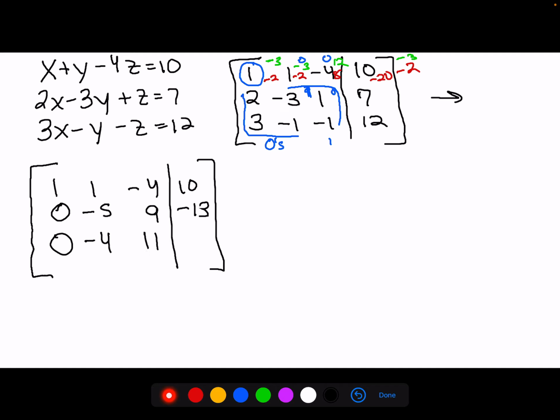Then negative 3 times 10 is negative 30. Oh, I didn't write it down, sorry. I need that in there. So negative 30 plus 12 would be negative 18. So I got these zeros where I needed them. I wanted to get the 1 in the upper corner, and I got the zeros underneath it.